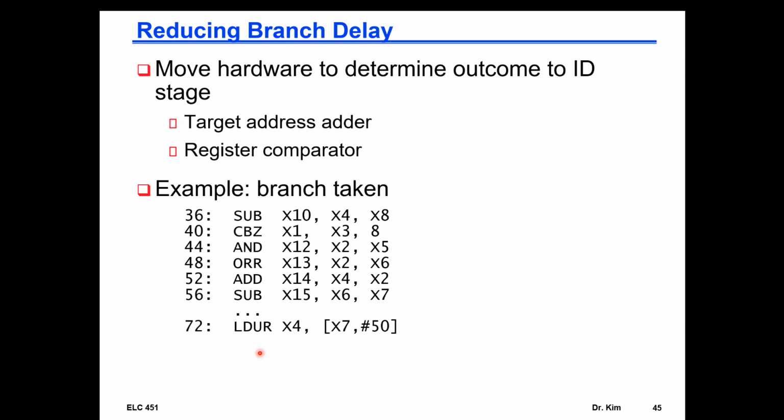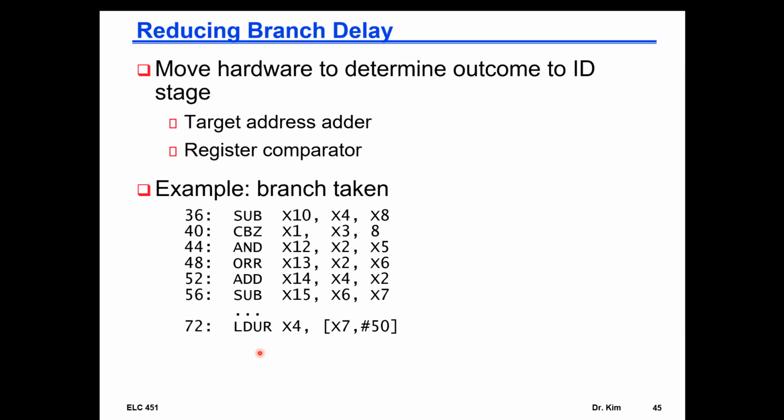Now, one thing that we could do is to find out sooner if the branch is taken or not. To do that, what we would do is move the hardware to determine the outcome of the branch from the execution stage to the instruction decode stage.